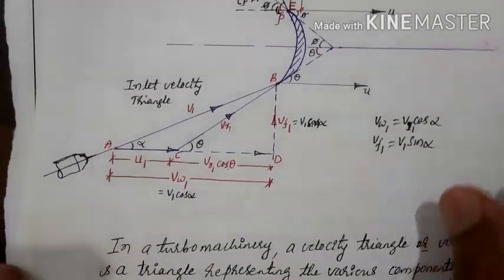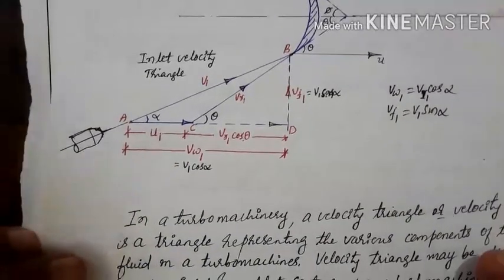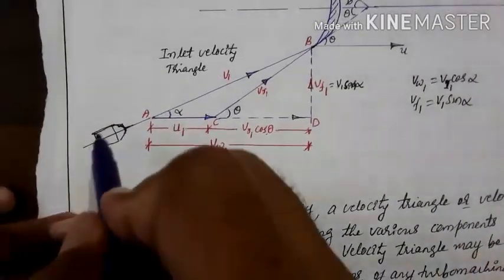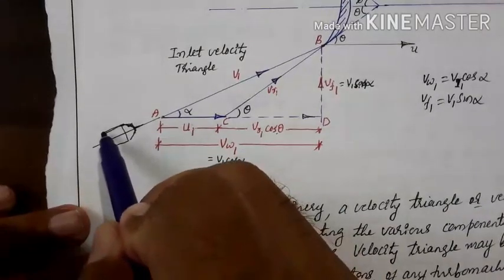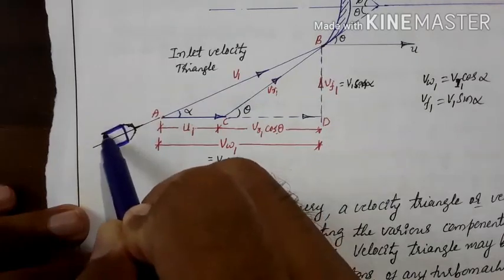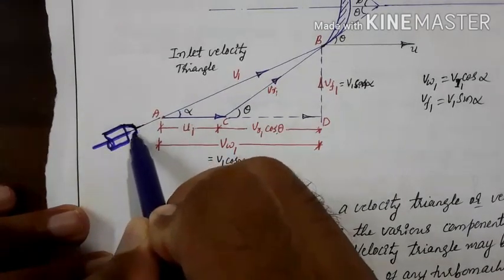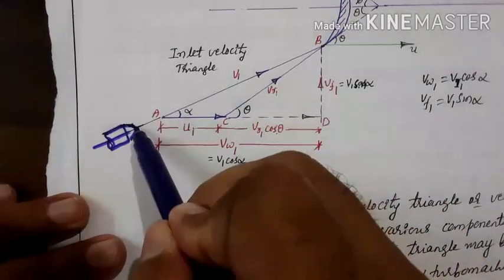Initially, first you look at the inlet velocity triangle. We have drawn the section of the nozzle here. You can see here we have drawn the section of the nozzle like this. This is the pipe. This is the section of the nozzle.